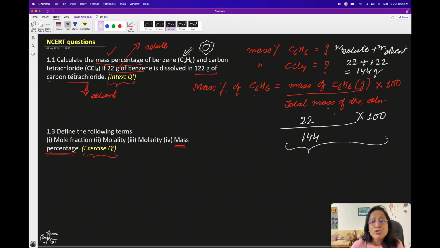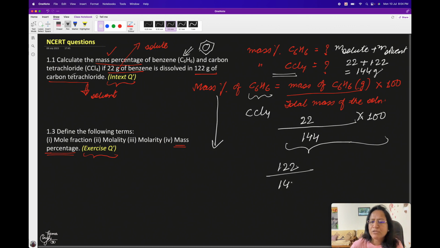Now you have to also calculate the mass percentage of CCl4. There are two ways. Either you use the same formula, instead of benzene you are going to make it CCl4. So what will happen? You will have 122 mass of CCl4 divided by total mass of solution into 100. Right? You can do this. Or let's say your answer for benzene comes as X. Now mass percentage cannot be more than 100.